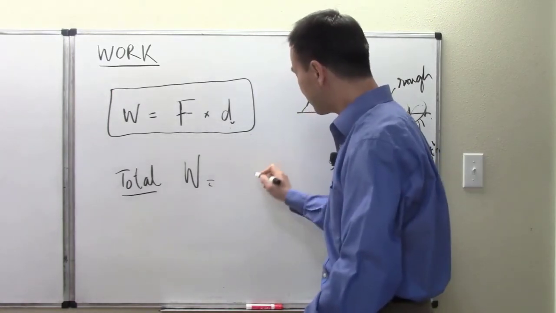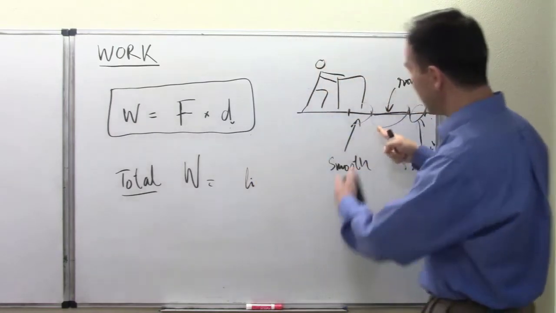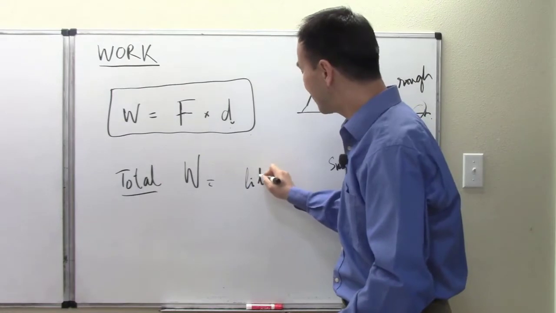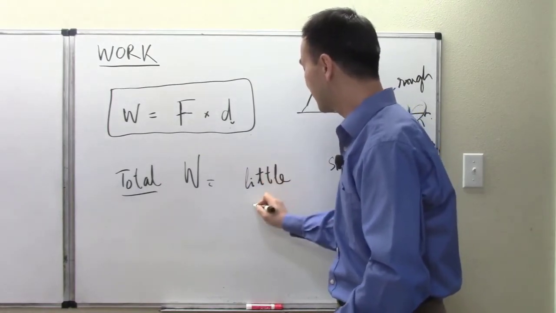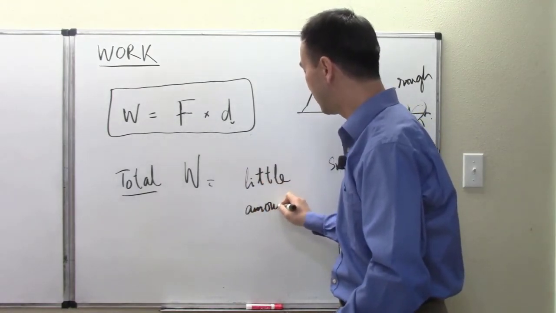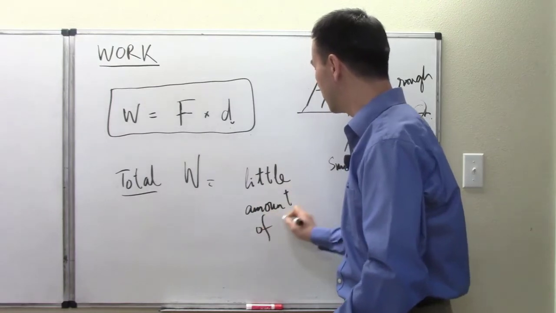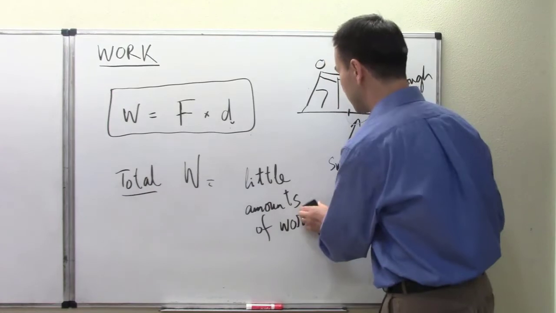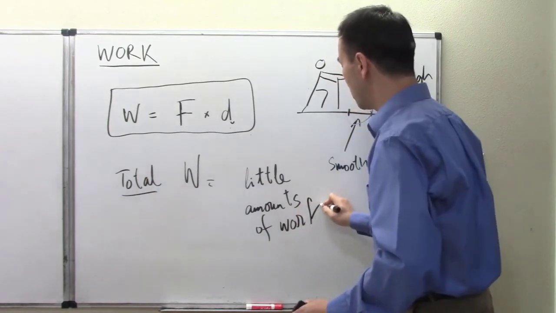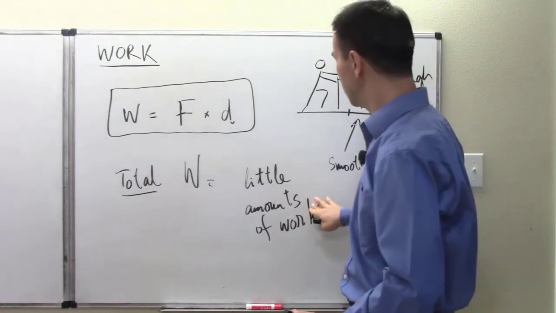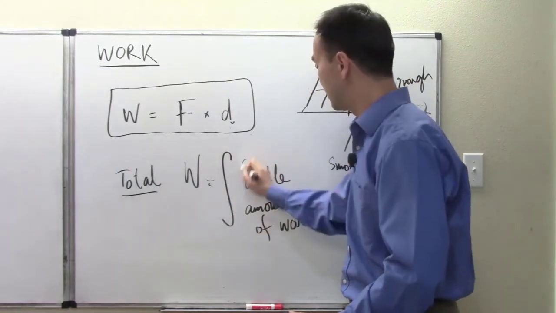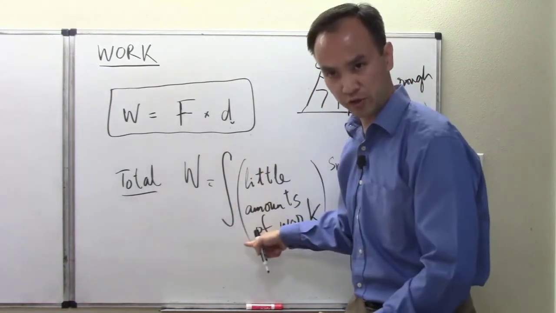So you see each little amount of work right here, allow me to call that little amounts of work. Okay? So total work comes out from accumulating. So this sign right here is the integral sign, ladies and gentlemen.